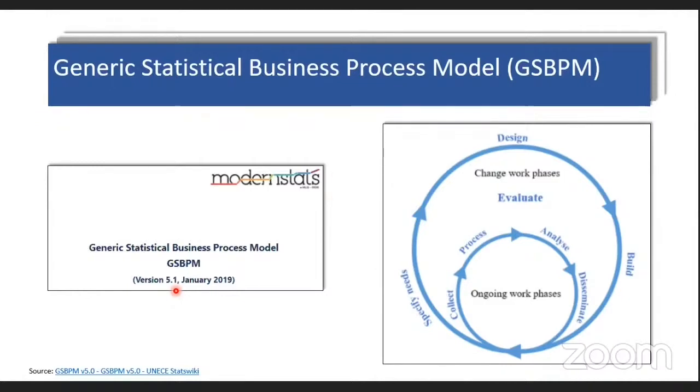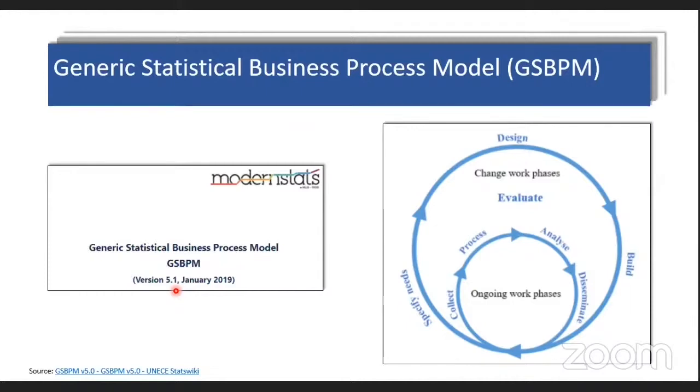GSBPM can also be used for integrating data and metadata standards, as a template for process documentation, for harmonizing statistical computing infrastructure, and to provide a framework for process quality assessment and improvement.